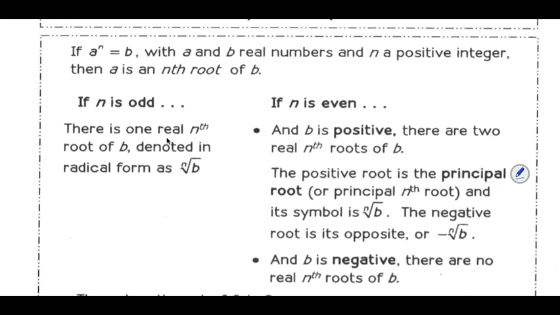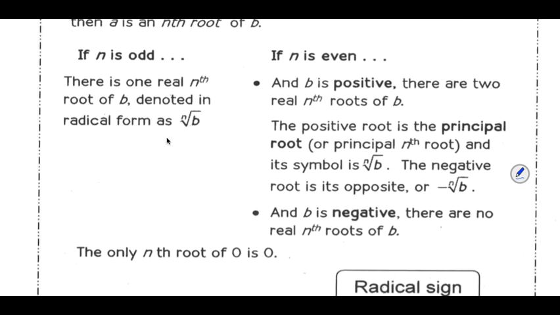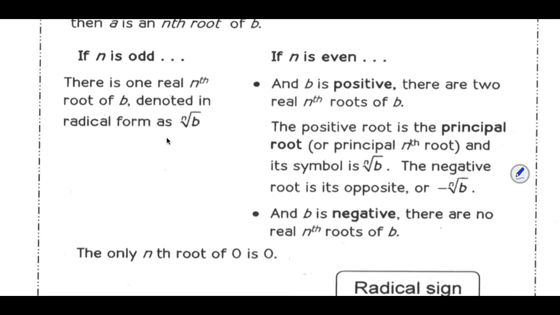Now, a couple things. This is telling you the difference between an odd root and an even root. If your index is odd, there's only ever going to be one root. I can show you two different examples: the cube root of 8 and the cube root of negative 8.